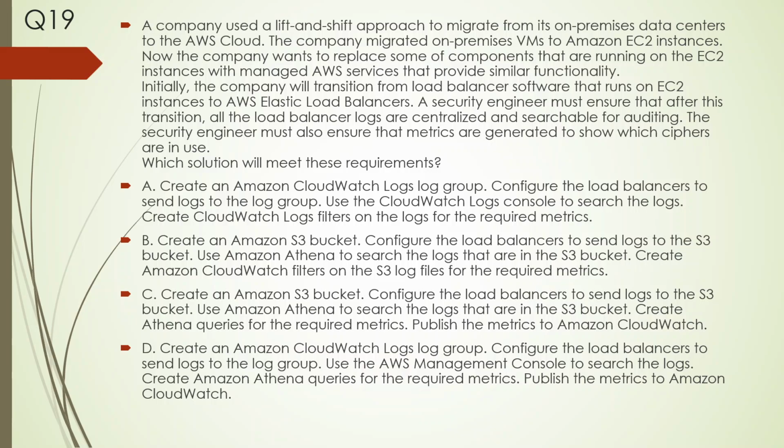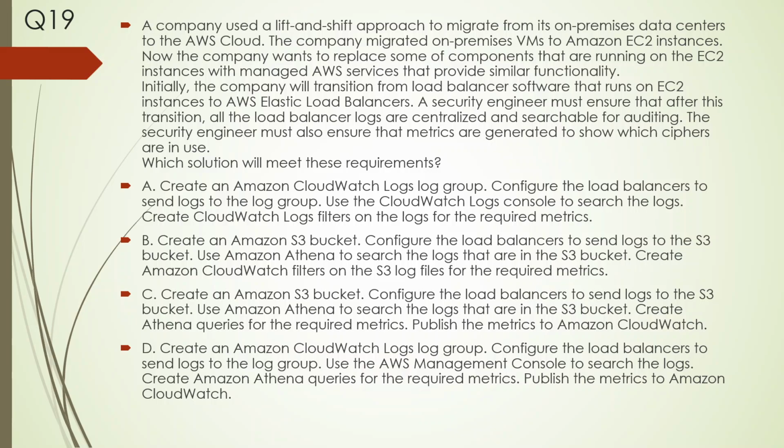For ALB, I think it can send logs to S3, so that's why we have S3 in these selections. We have two S3 options, B and C. We're going to use an Amazon S3 bucket and configure the load balancer to send logs to S3, which is correct.